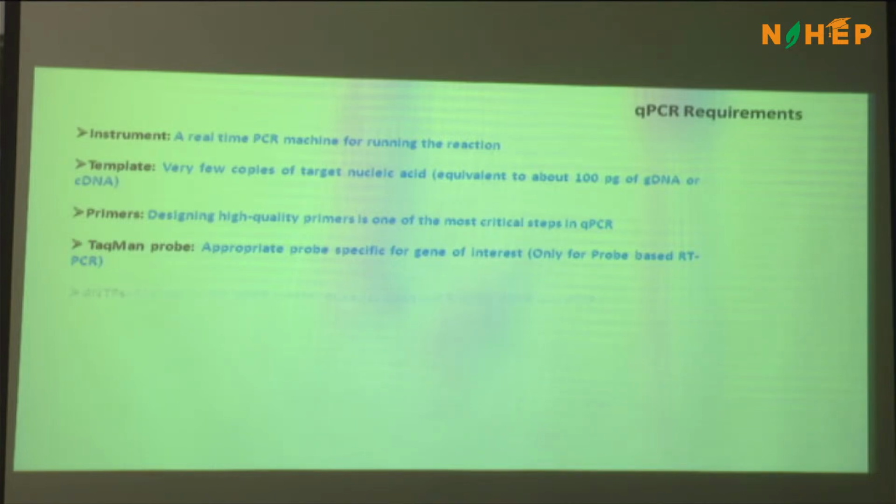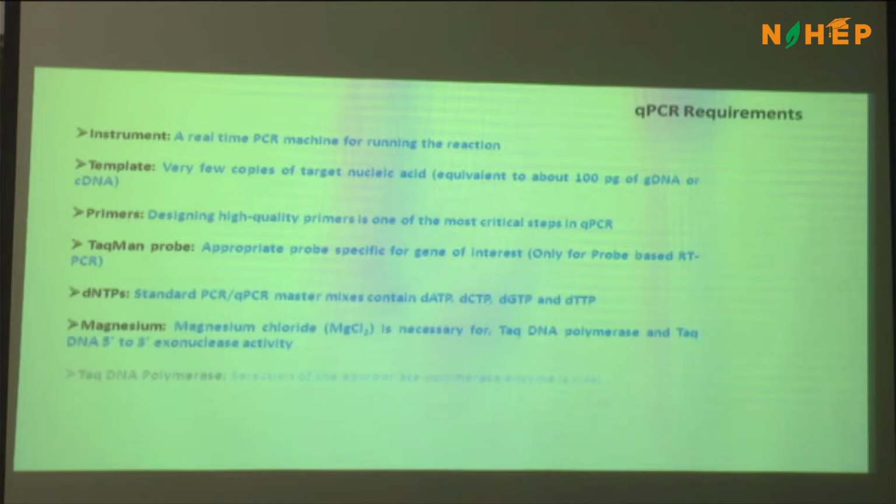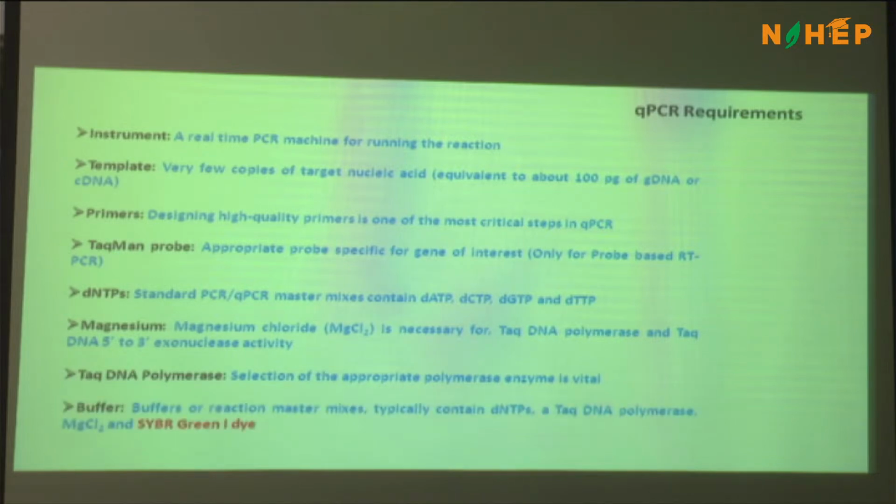And the dNTPs, of course, all of you must be knowing, the cofactors, enzymes, and the buffers. So except the template, all other things are purchased, correct? So only template is the one you are going to prepare in your lab, depending upon the biological questions you are having.